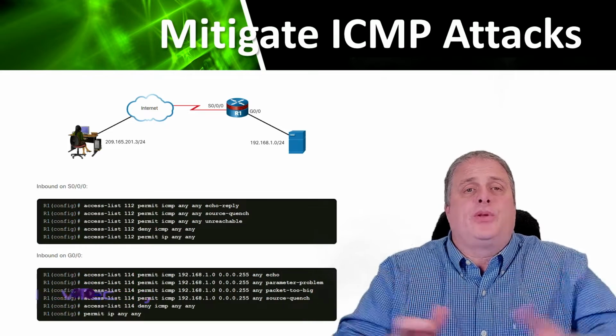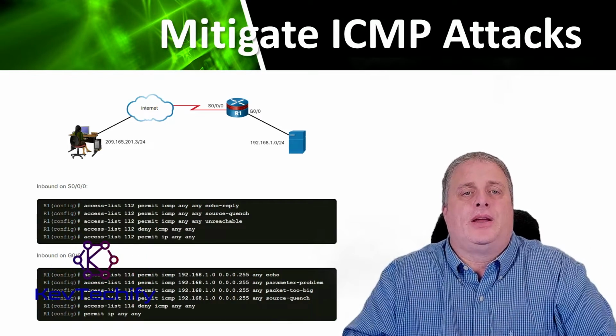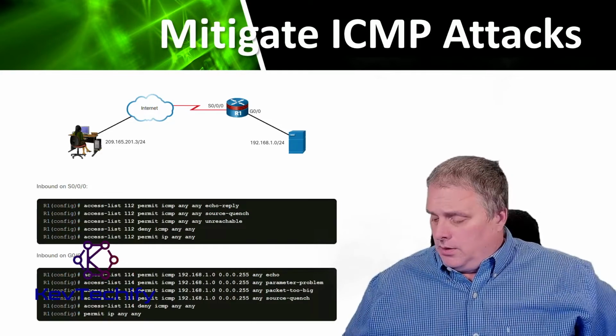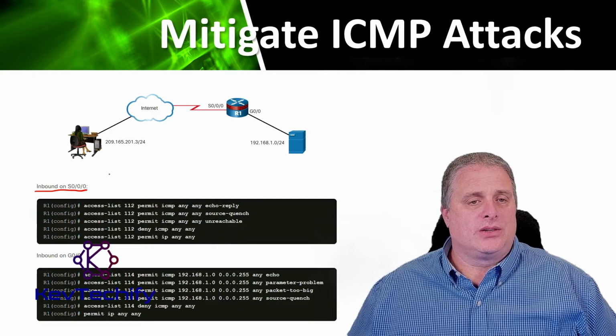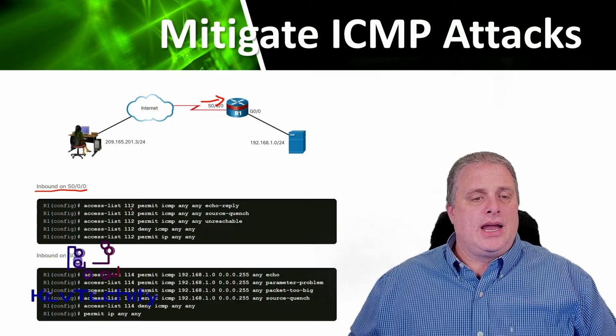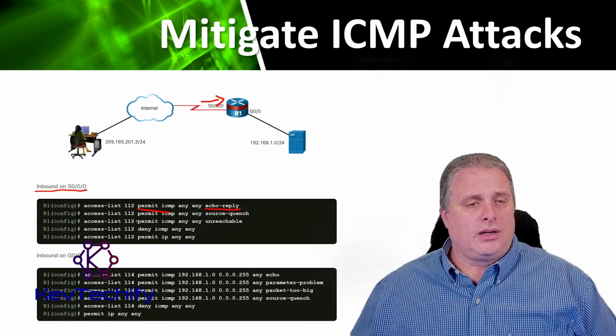We have a sample network here and a possible configuration to permit your ICMP services in and out of your network. First, what we're looking at here is inbound on S00. So inbound here on S00, we're going to set this filter. Here we're permitting the echo reply to go through.